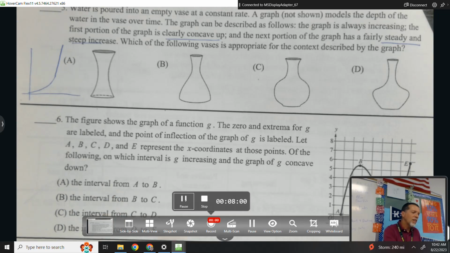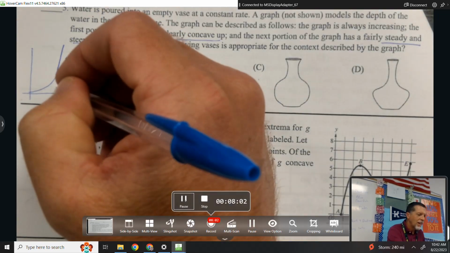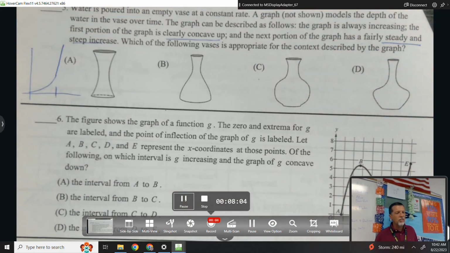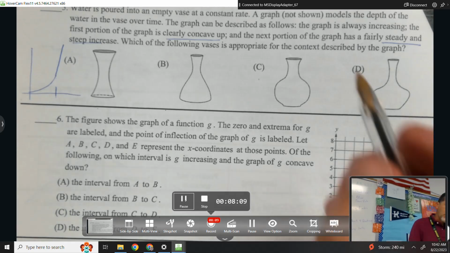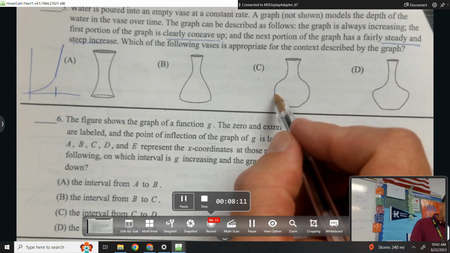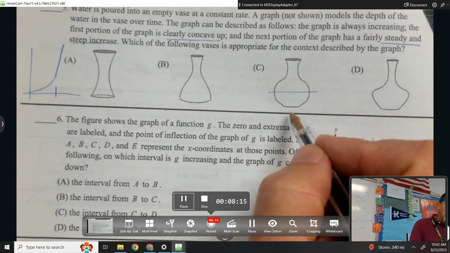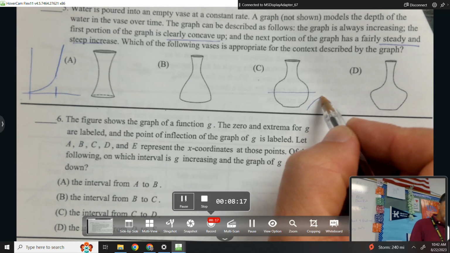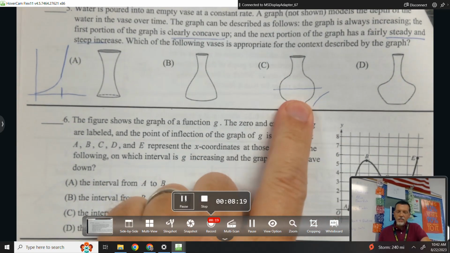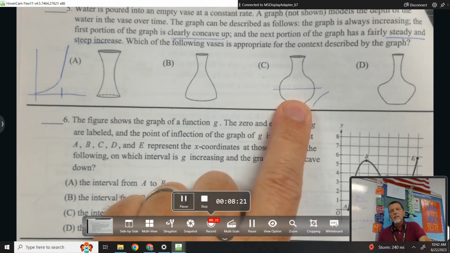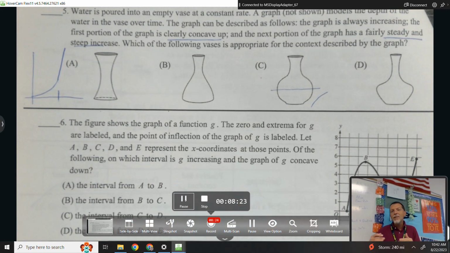Well, the first thing I notice is that it probably can only have 2 sections to it. I feel like C has 3 sections to it. Because I think this is going to be concave down up to there. Because it's increasing, but it's increasing at a slower rate because it's getting wider. So I think I need it to be getting narrower to start with.